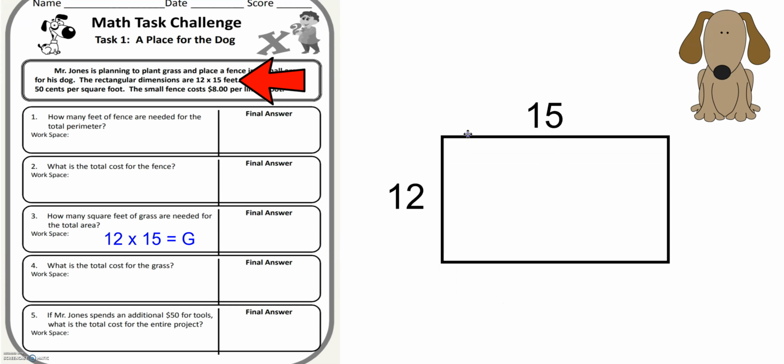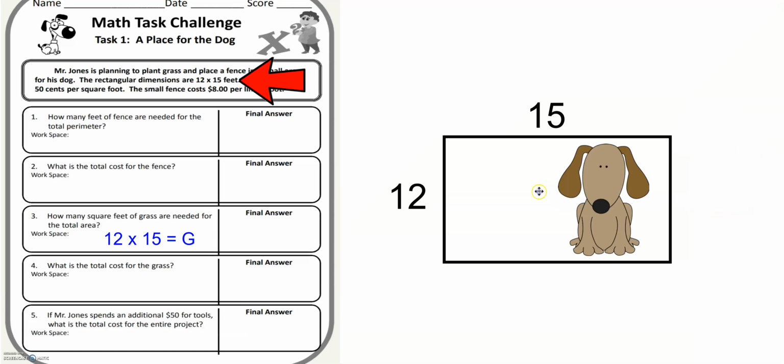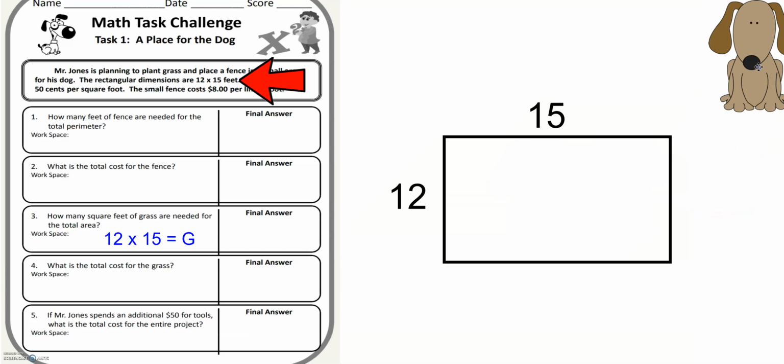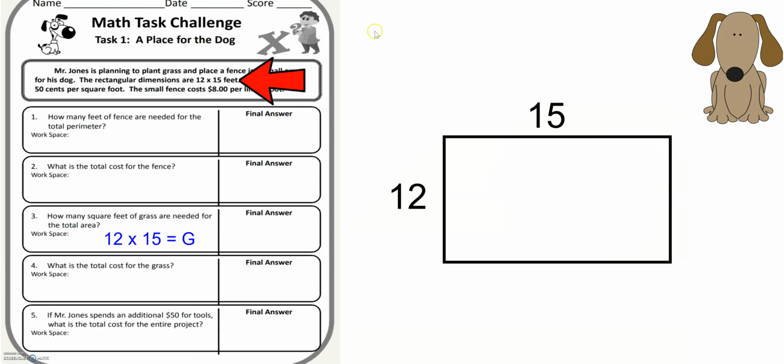Here is my dog pen. Woo! 12 by 15. That's hard to do. Not if we break it apart. So 12, I'm going to break that apart into 10 and 2.